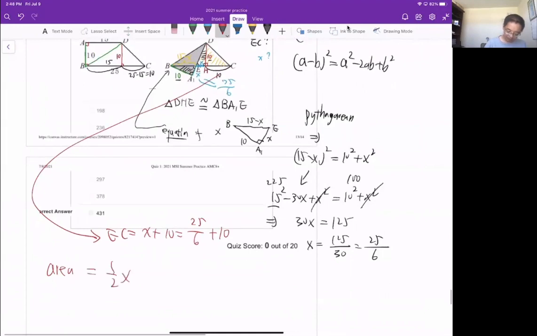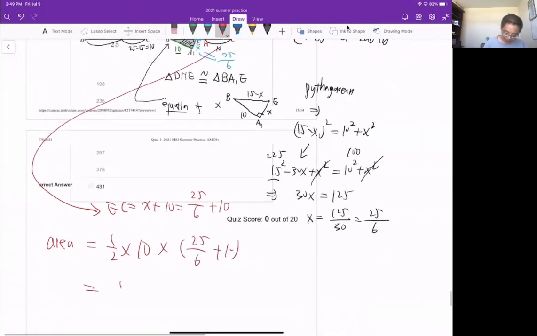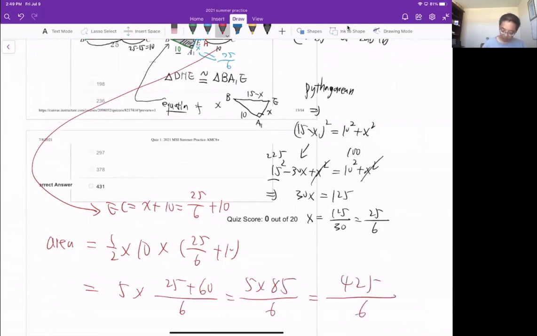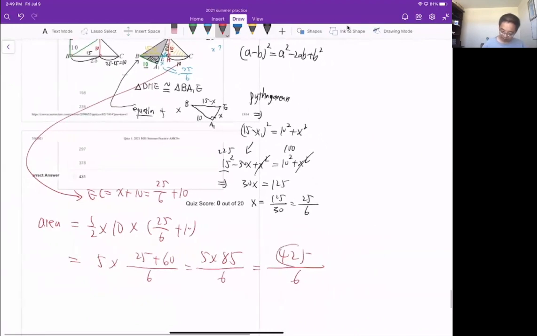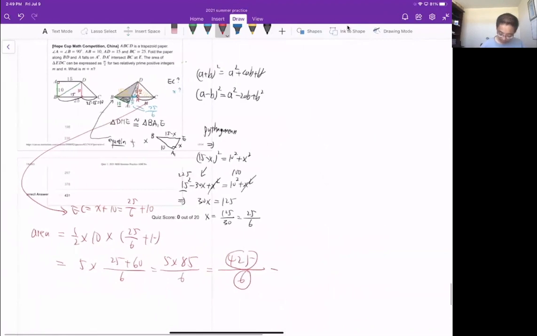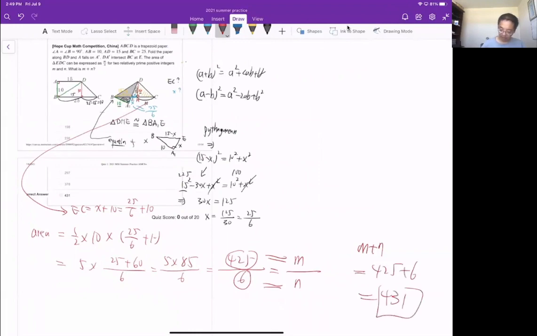The area is 1/2 times the height, which is 10, times 25/6 plus 10, and we get 5 times (25 plus 60)/6, so it's 5 times 85 over 6, which is 425 over 6. Now 425 and 6 are relatively prime, and according to the problem, m is 425, n is 6, right? So we get m plus n is 425 plus 6, which is 431.